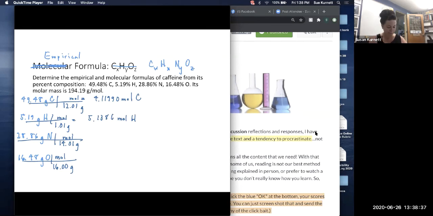Yeah. So because oxygen is what there's least of, we're dividing everything by 1.03 moles of oxygen. So we're assuming that we said oxygen with Z, that Z equals 1.